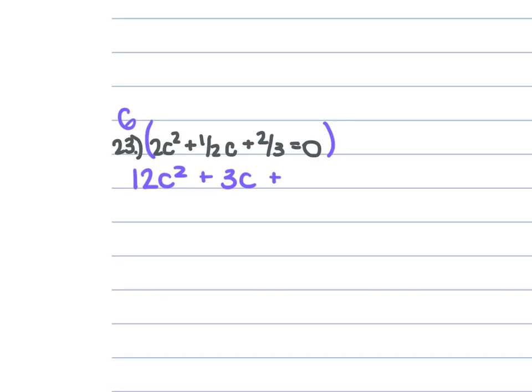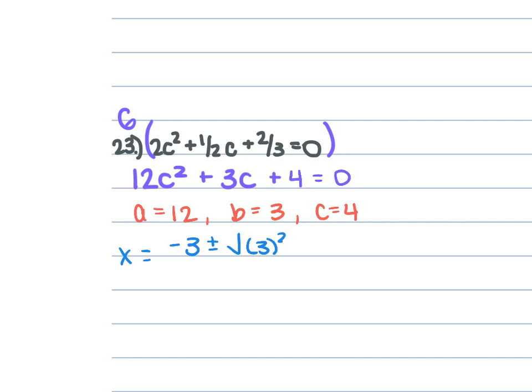So 2 times 2 is 4 is equal to 0. So our A is 12, our B is 3, and our C is 4. So x is equal to negative 3 plus or minus the square root of 3 squared minus 4 times 12 times 4 all over 2 times 12.